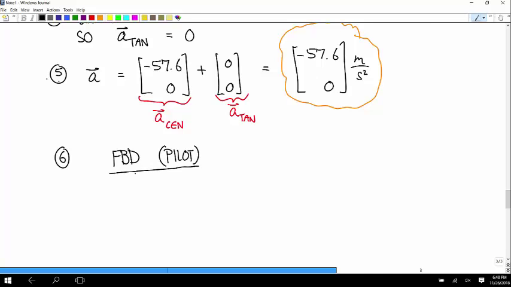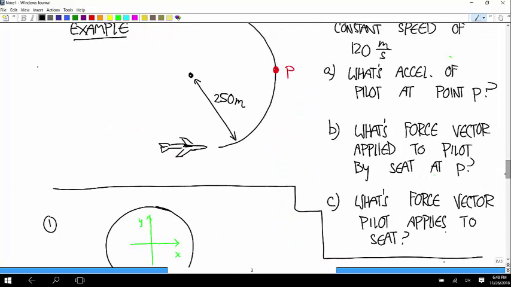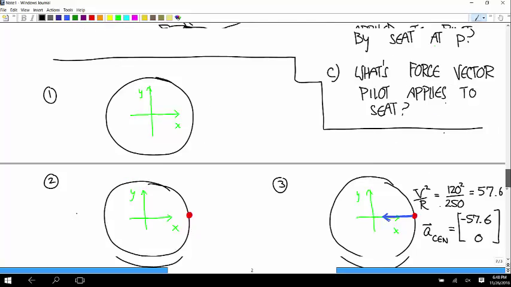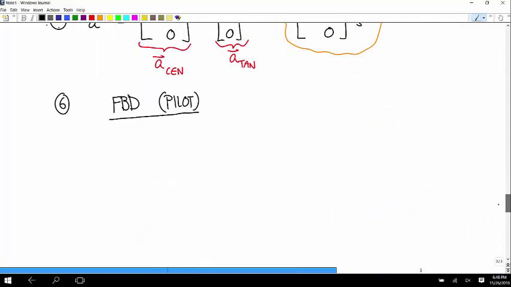at this instant. So when the plane is at the point P, the airplane is going straight up into the air at that instant. And so an outline of the pilot would be, the pilot would be looking straight up into the air. So it would be like, sitting like this.